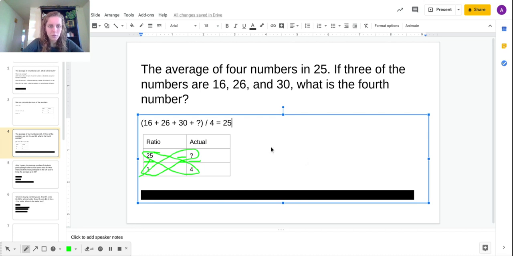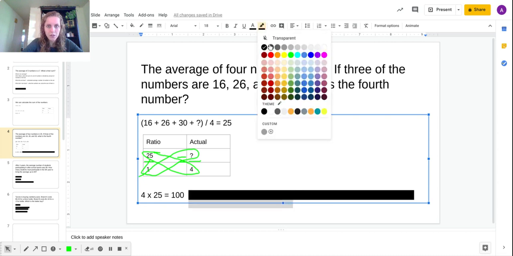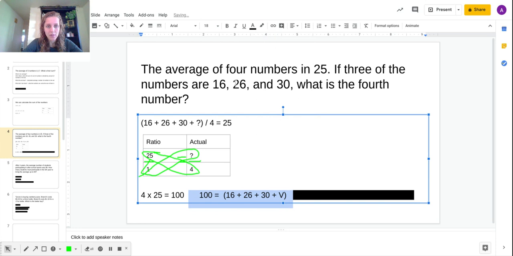Okay, so we have 25 times 4 is equal to our missing variable. So 25 times 4 is 100. And now we can set that equal to the numbers that they already gave us.